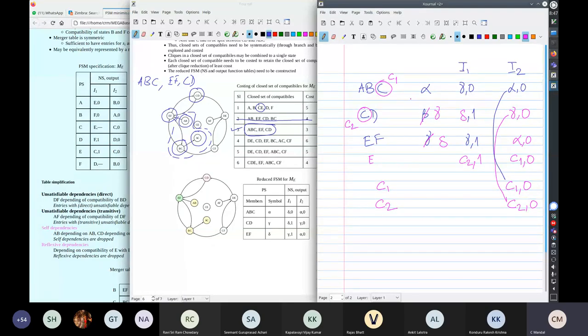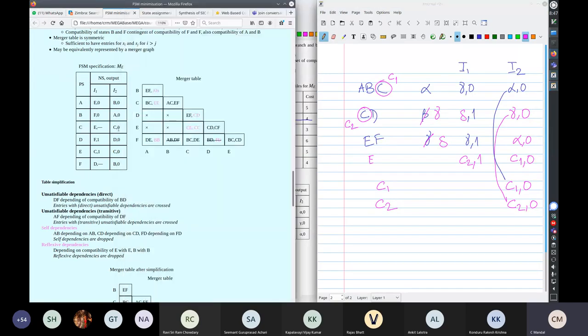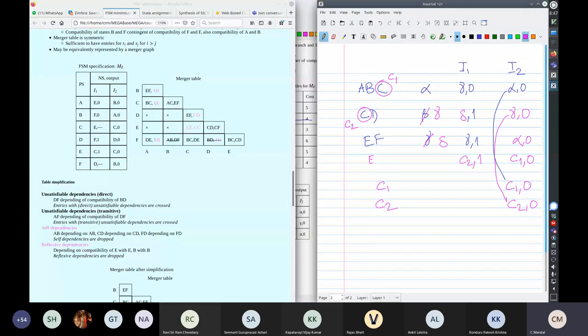Of course, the outputs are the same. You can see that C must always have an output of 0 on I2. So both the incarnations have outputs of 0 on I2, but the transitions are different. This one is making a transition to the C2 version, and this is making a transition to the C1 version.